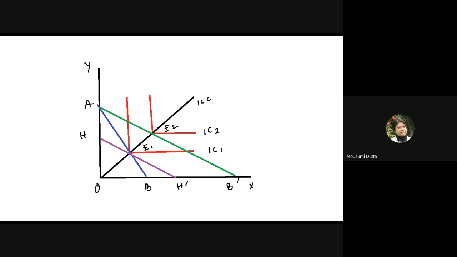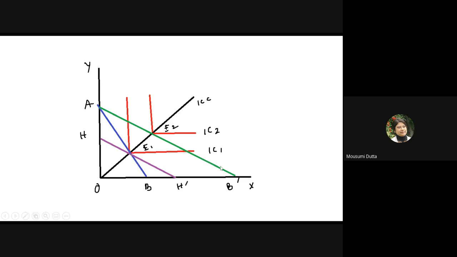Others, please. Are you feeling the substitution effect will be equal to 0? Yes, ma'am. So there is no substitution effect. When there is a change in relative price of X1, the total effect is equivalent to the income effect.